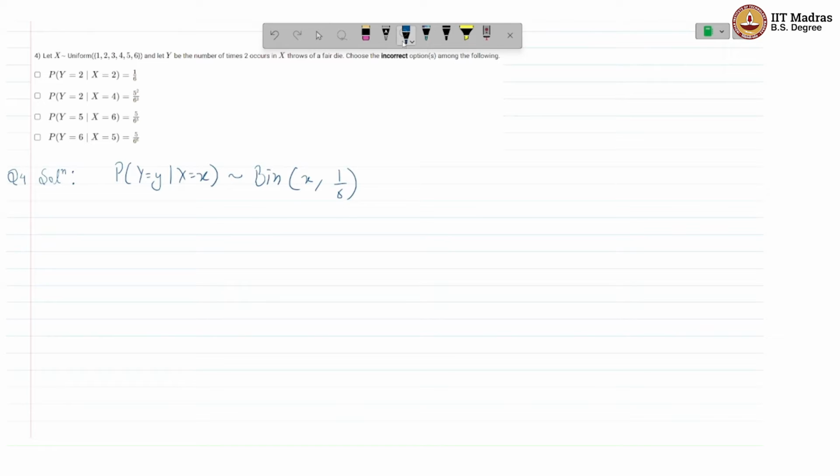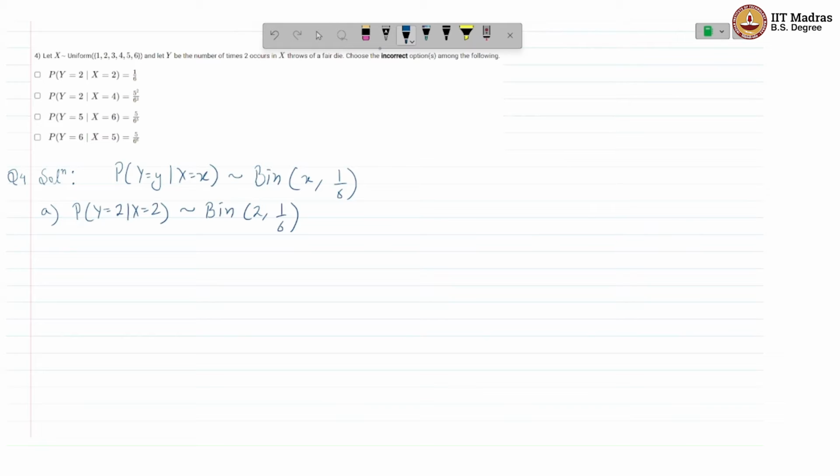So now let us go through the options one by one. For option number 1, we have to find the probability that y is equal to 2 given x is equal to 2, and this will also follow binomial 2 comma 1 by 6.